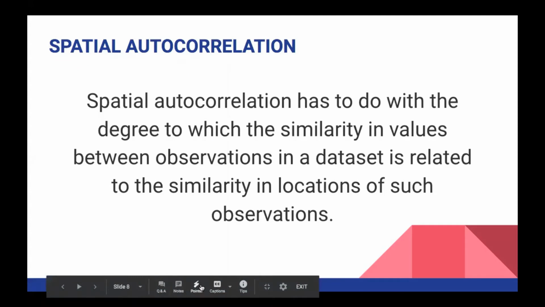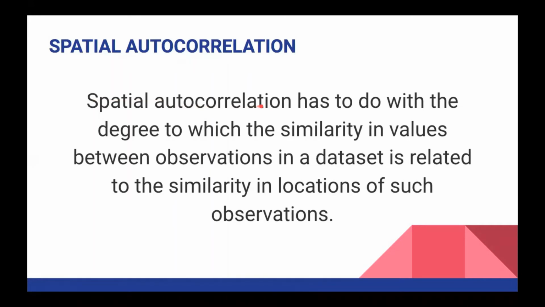We need to look at this very closely. That is, if you have a set of observations, what is the degree of similarity of your observations in a particular location? How can you measure the degree of similarity of those observations?